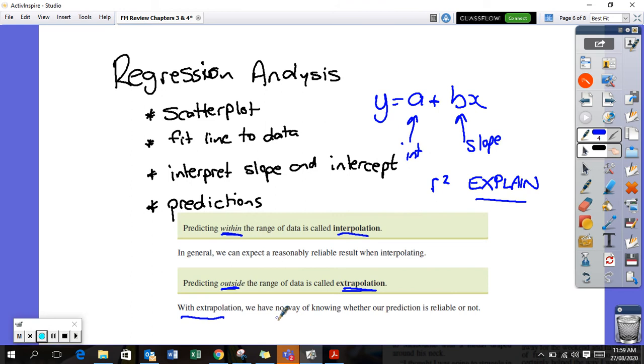With extrapolation, we have no way of knowing whether our prediction is valid or not. We might have some data that looks perfectly straight, but outside the range it might tail off. If we're looking at the heights of children, children grow quite uniformly, but they reach an age where they stop growing.